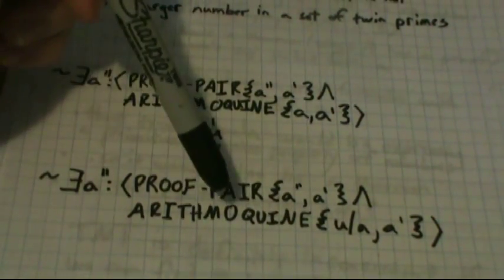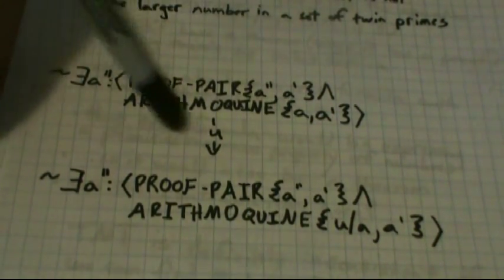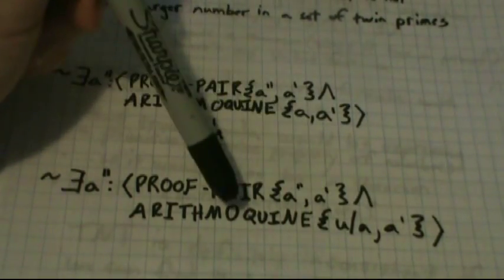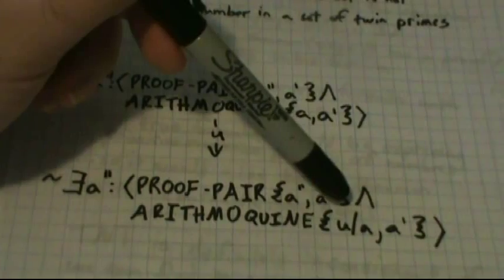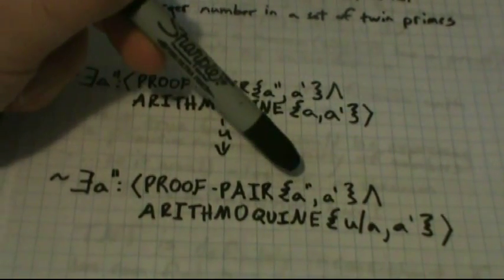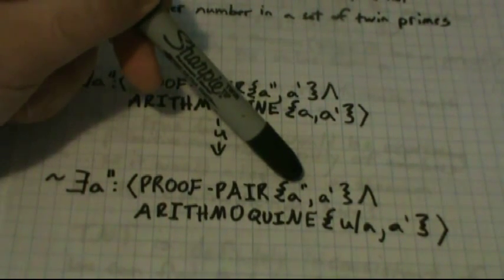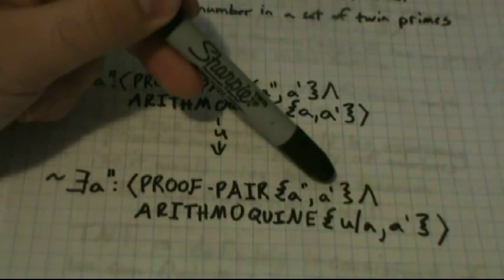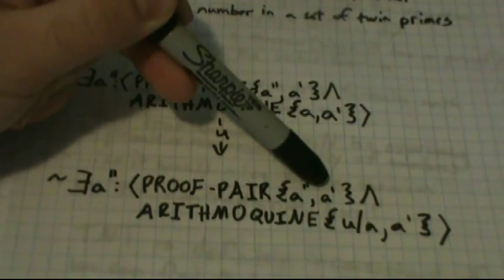The way we've set up arithmoquining, so that if you substitute u gotten from here for the first number, we have a way of talking about a statement's own Gödel number. So think about it. What is the first number of a proof pair? It's just every single step in a proof that leads up to proving whatever this is as a theorem.